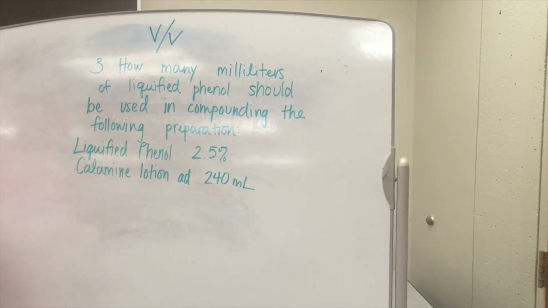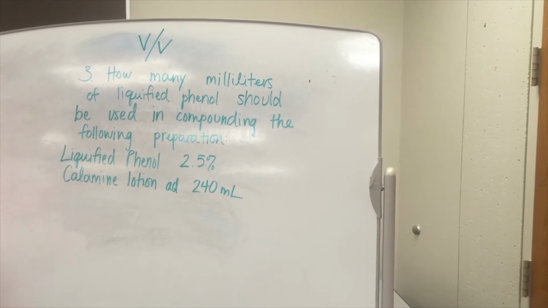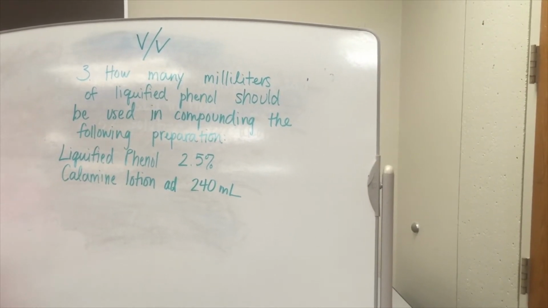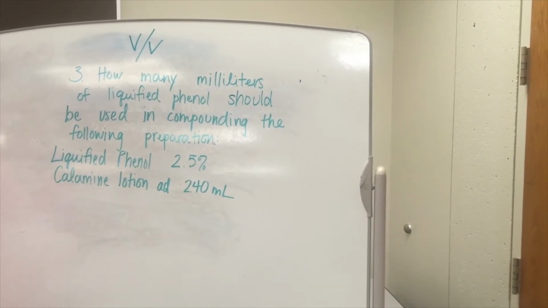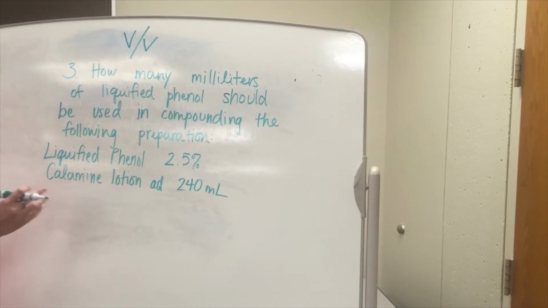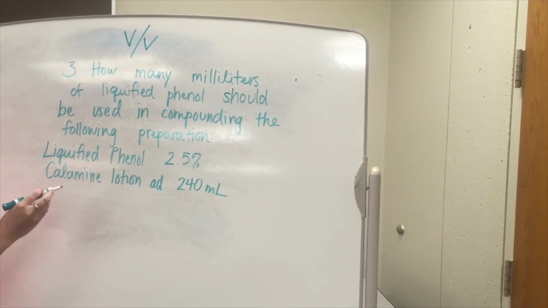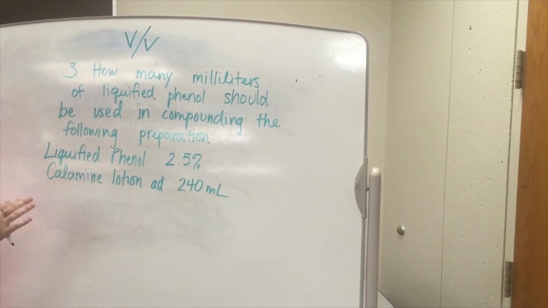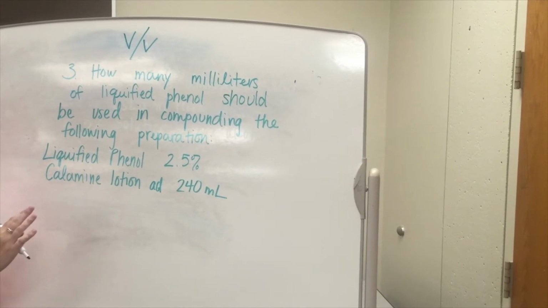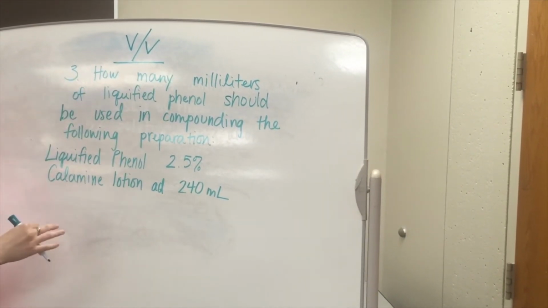So we want to start off using our steps that we have provided to solve equations. So first off, we want to write out what we're given. So this 2.5% is going to be 2.5 milliliters per 100 milliliters because we're working in volume per volume.